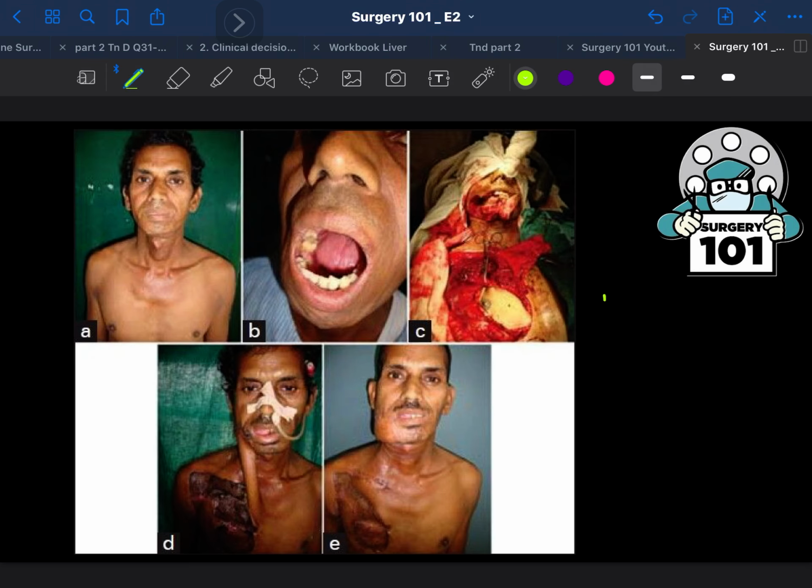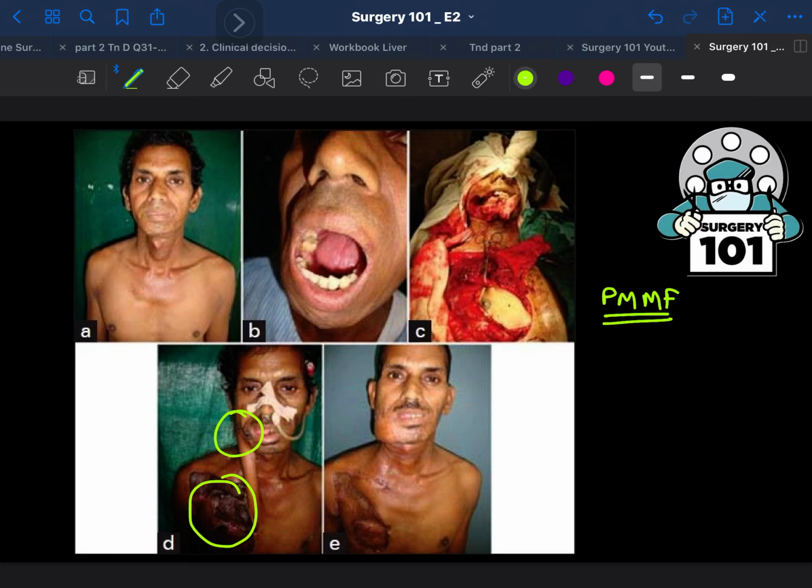What is this? This is the pectoralis major myocutaneous flap, PMMF. Here there is a patient with a carcinoma. You operated on this patient and used the pectoralis major muscle to fill the defect, and this is post surgery.